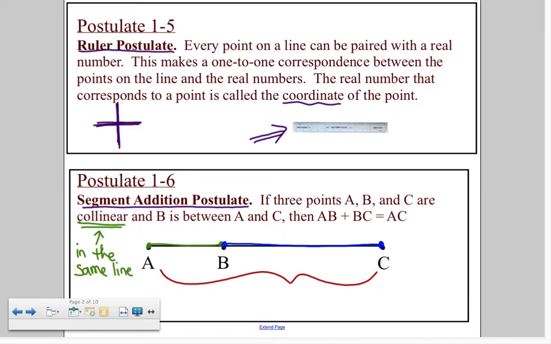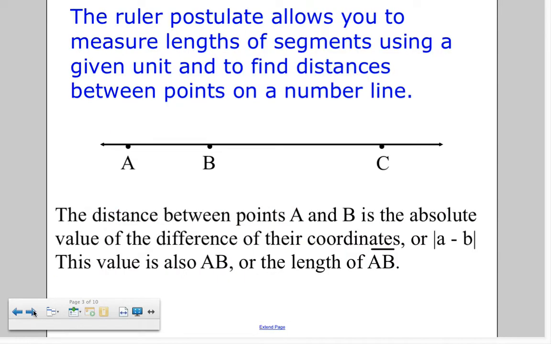Now that you've added those two postulates, we're going to look at the Ruler Postulate. It allows you to measure lengths of line segments using a given unit and to find distances between points on a number line. So the distance between points A and B is the absolute value, which means it has to be positive, because we know that distance is always positive.